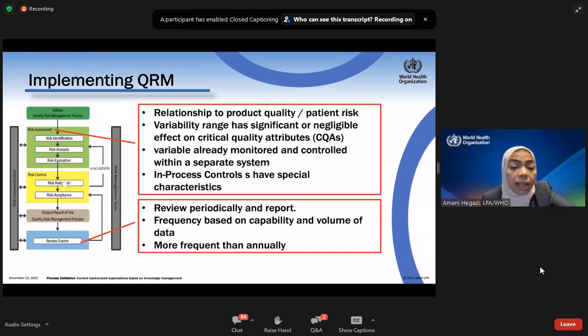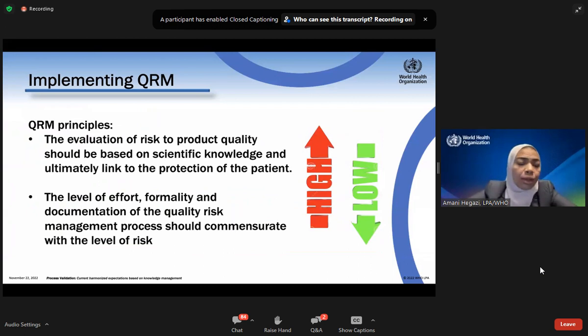So the frequency is based on the capability, the volume of data and the amount of knowledge gained. Yet it should be more frequent than annually.